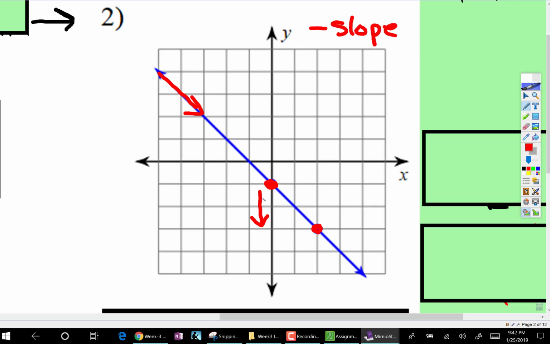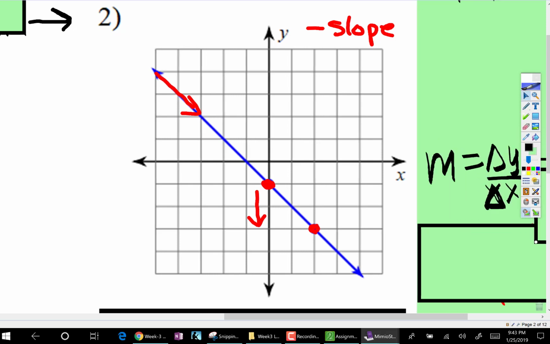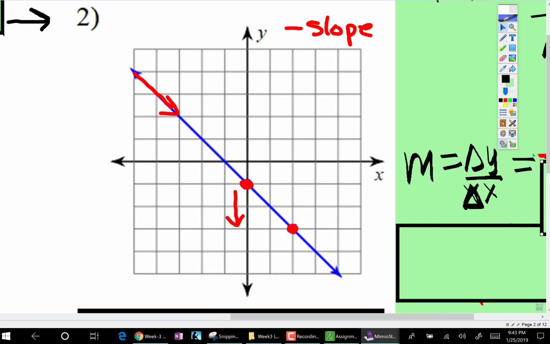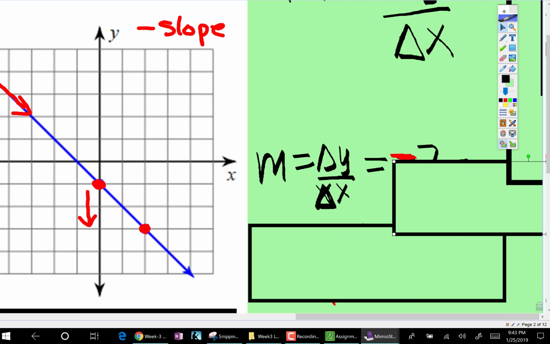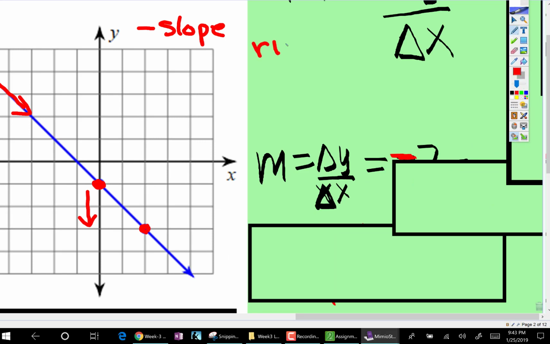How far did you go down? You went down 1, 2. When we're finding the slope, one way to write rise is delta y, over run, which is delta x.